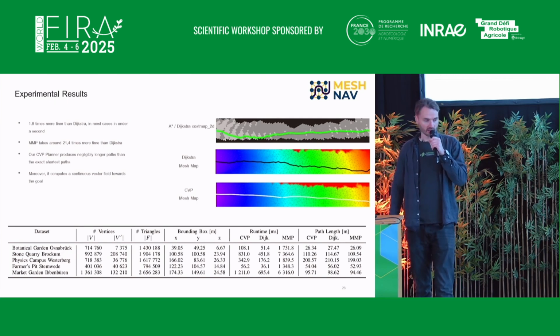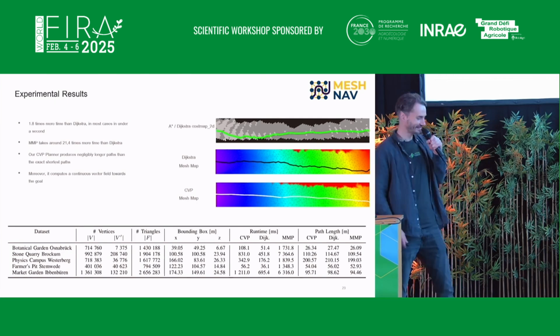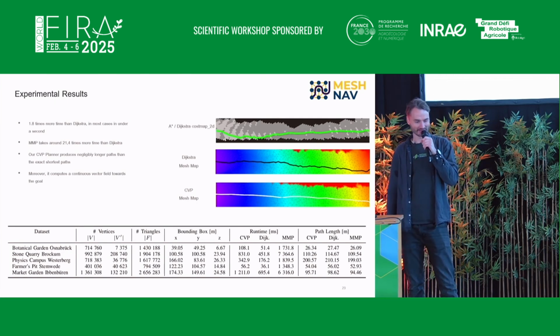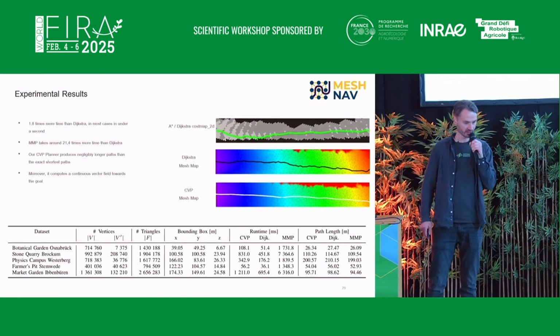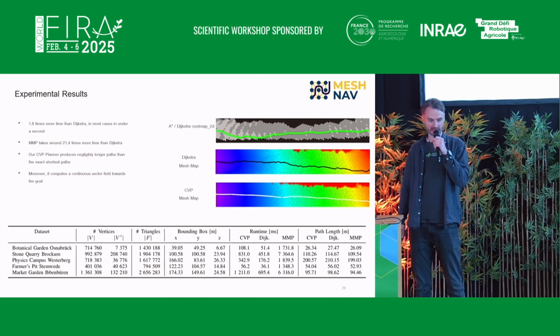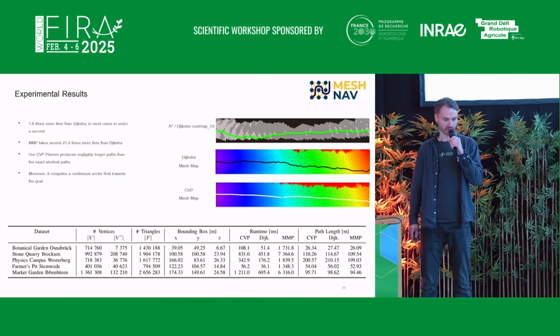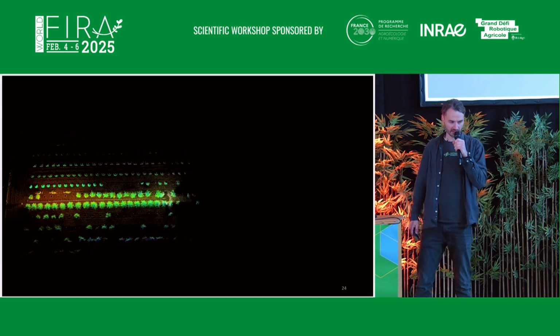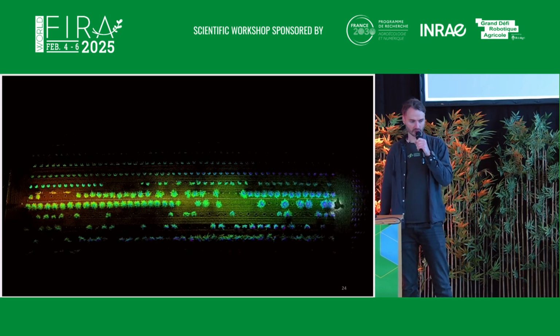Here are some boring results. You see that this approach is always better than the state of the art, and we get really nice smooth paths over the surface. At the end, I will also show some localization approaches.